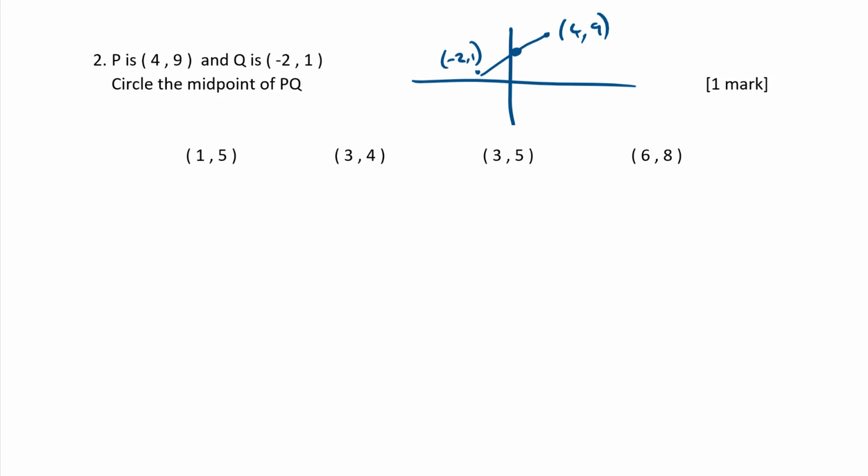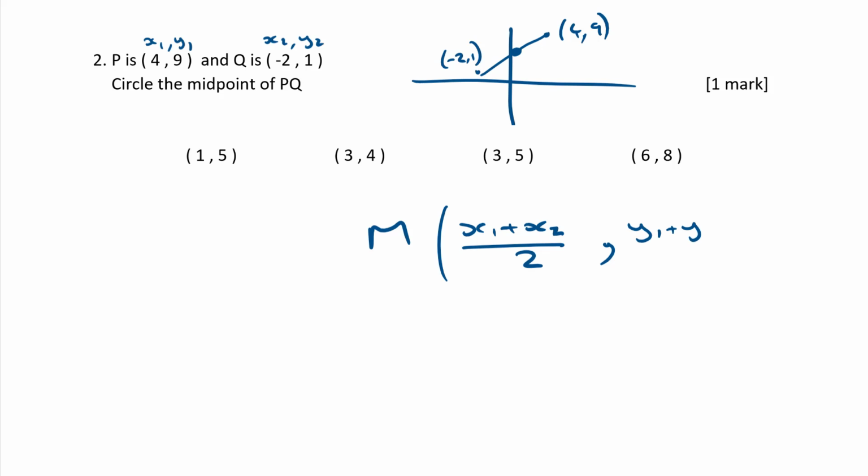Now there is a formula for finding the midpoint. If this is (x1, y1), and this is (x2, y2), then my midpoint is going to be my two x coordinates added together, divided by 2, and my two y coordinates added together, divided by 2.